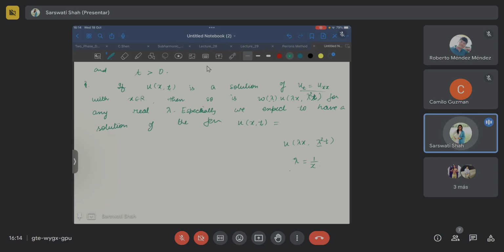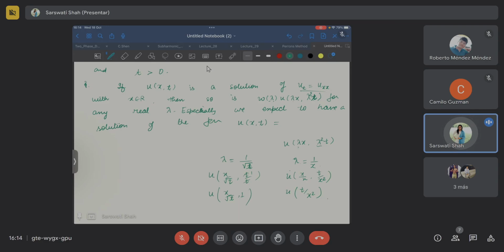Suppose this is a dilation scaling, I replace lambda with 1 over x, so it will be u of x over x comma t over x square, isn't it? Or you can say t over x square. Or suppose I replace lambda with 1 over square root t, then u of x over square root t comma t over t, so this will cancel out and we are left with x over root t comma 1.